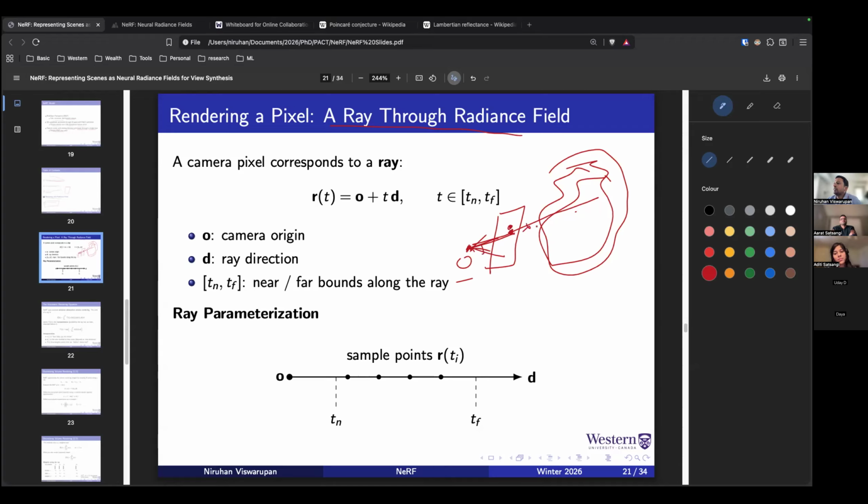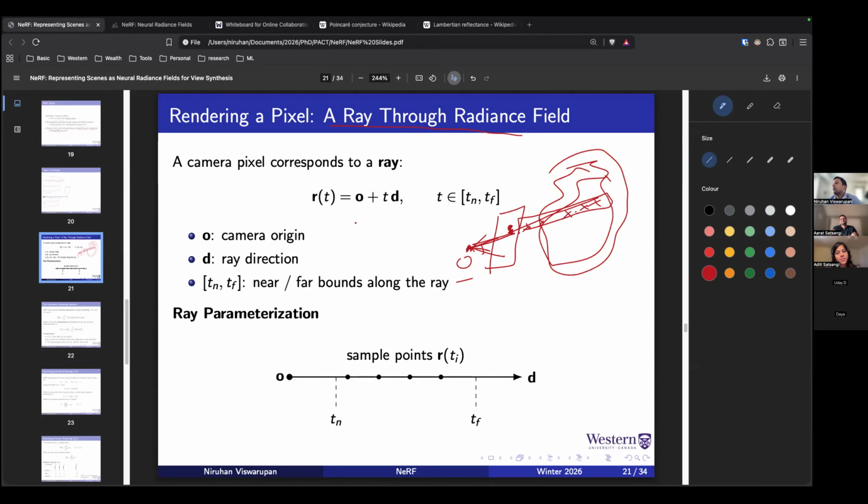You can change the location along this line, and the combination of all these lights emanating from different parts will be the value of this pixel. Do you get the basic idea here?